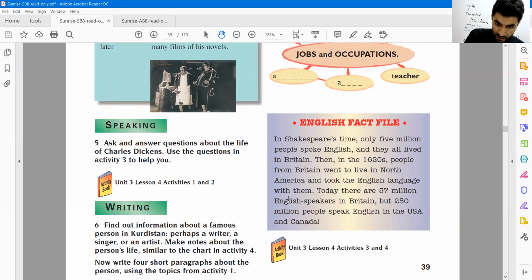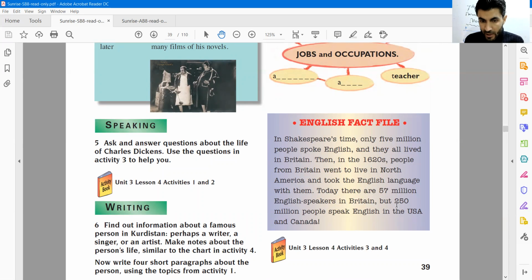Their language was English. So today there are 57 million English speakers in Britain. So now it's talking about the population of Britain, 57 million people. They all speak English. So we're not talking about the Welsh accent, the Gaelic language, or the Irish accent.